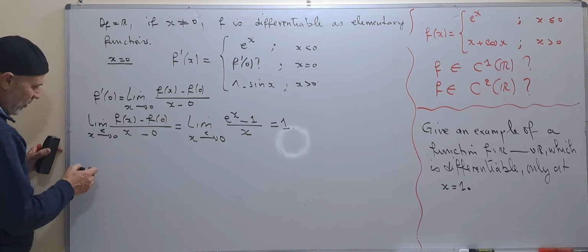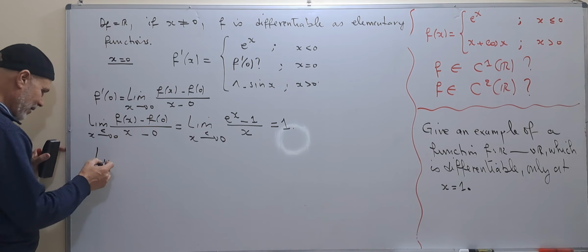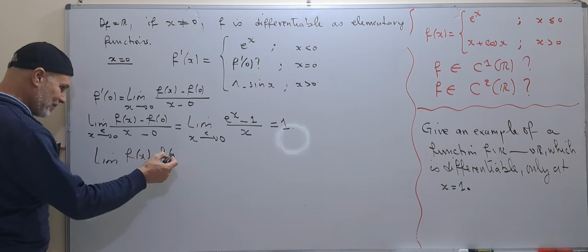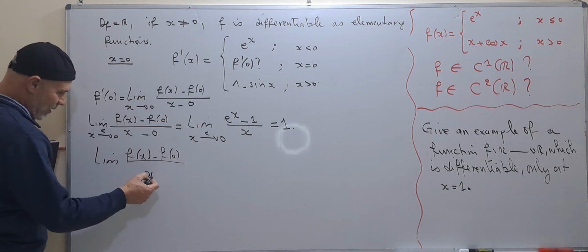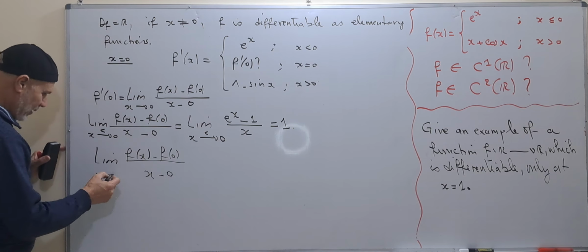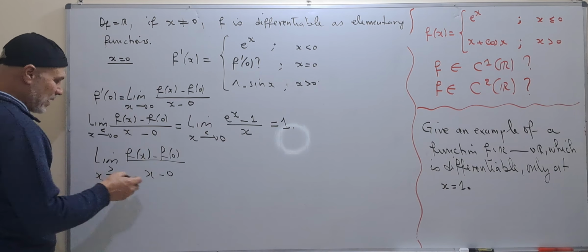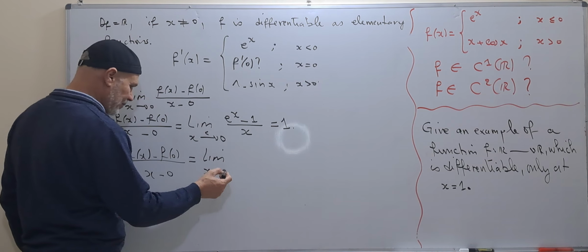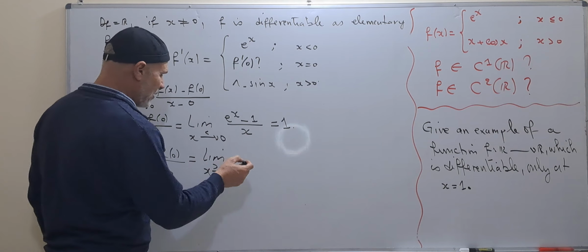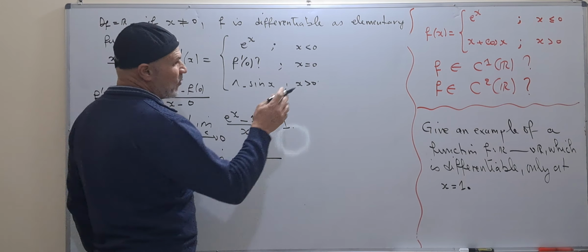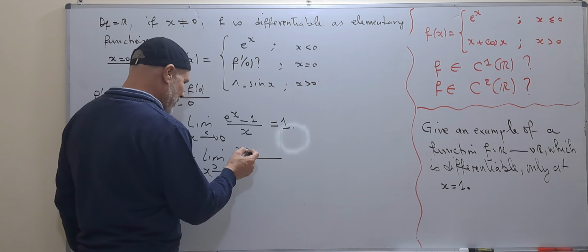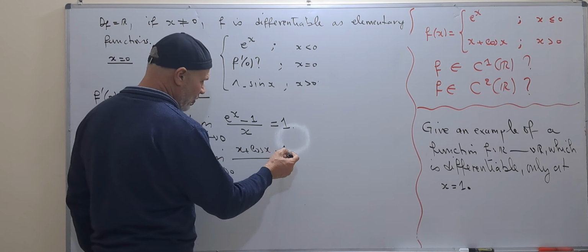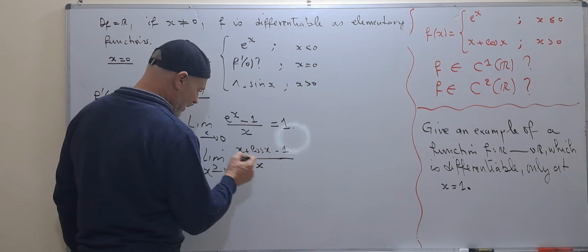From the right side, we have f of x minus f of 0 divided by x minus 0 when x goes to 0 from the right. This is equal to x plus cosine x minus exponential 0, which is 1, over x.